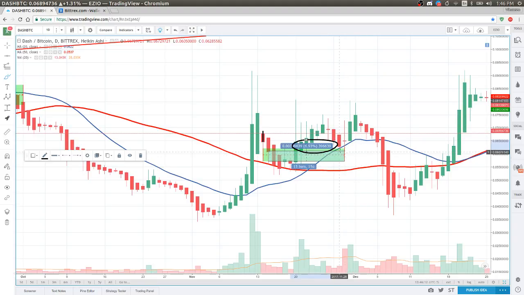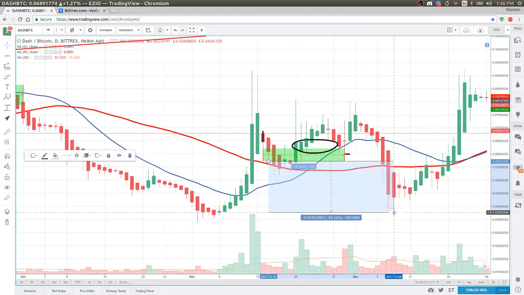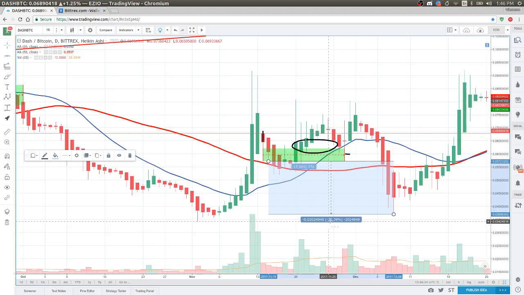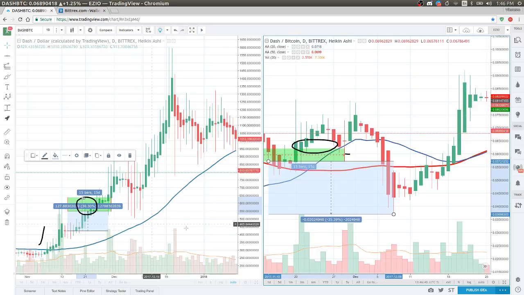Should I hold it? If you hold it longer, look at what would have happened. You would have gone down, and this is until December the 8th. So on December the 8th, you would be minus 35% down in BTC by looking at the BTC chart.